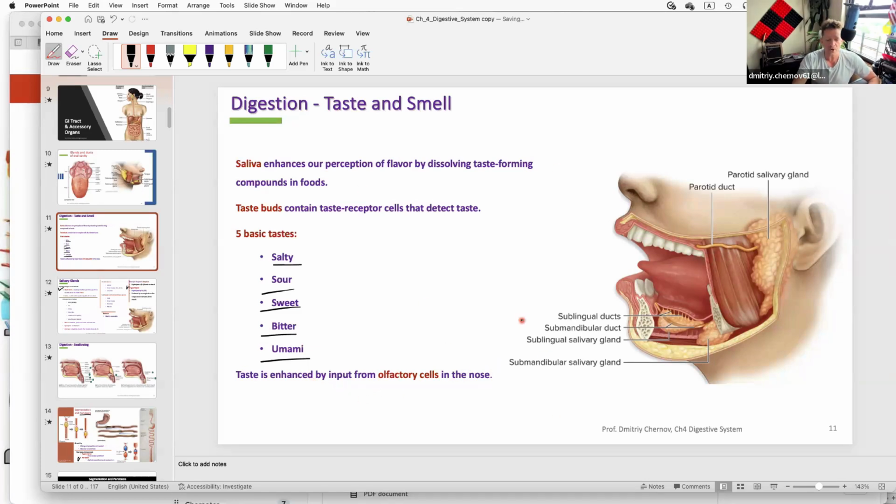So altogether, the cells, these particles, our system converts into an electrical impulse, and that will travel through the olfactory cells and get to the nose. Oh, I'm sorry.